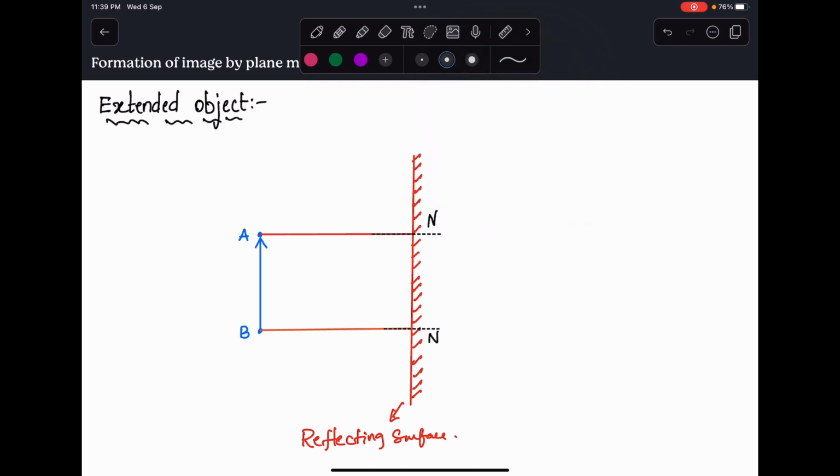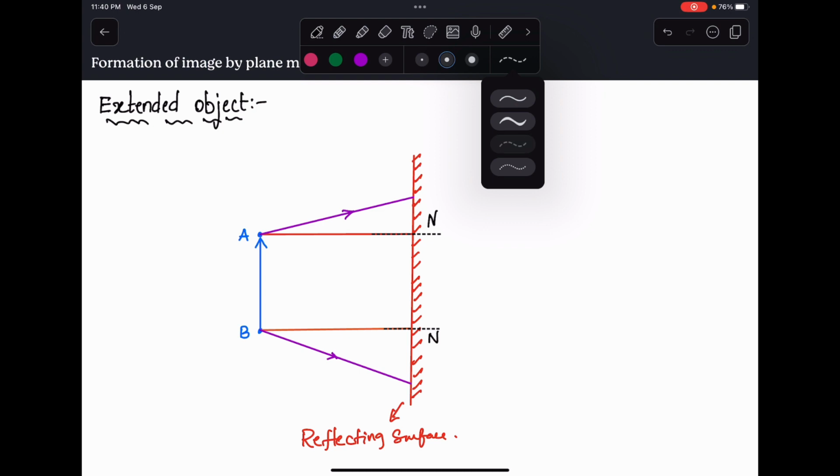Now one more incident ray we need, right? So that we can find out the reflected rays, I mean the image formed. The next incident ray I would like to consider in this way, like this. And one more incident ray over here. So we now got two more points of incidence.